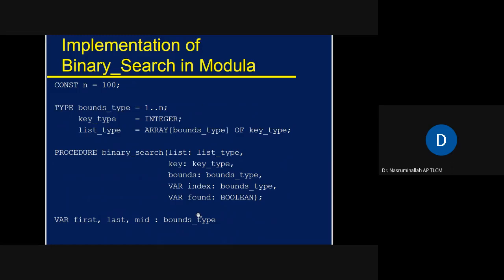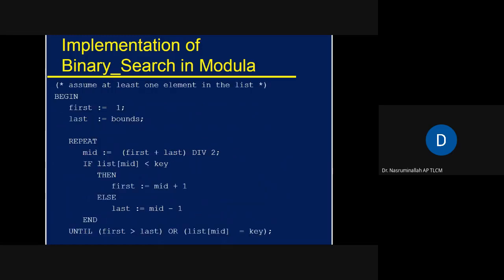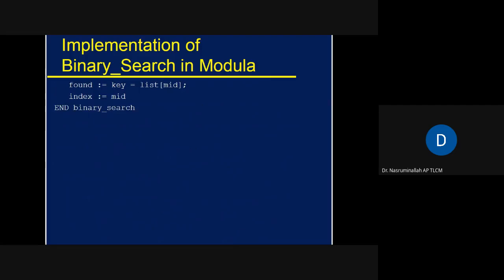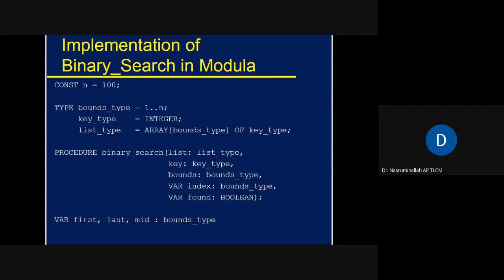So let me again explain it with a bit more specific code. Here we defined n is equal to 100, so the limit we have is from 1 to 100. For the binary search algorithm, we are passing different arguments.